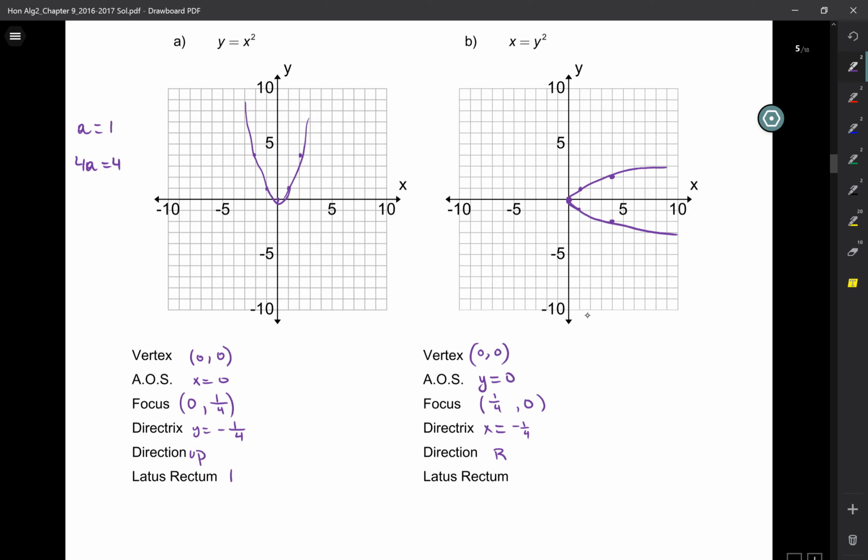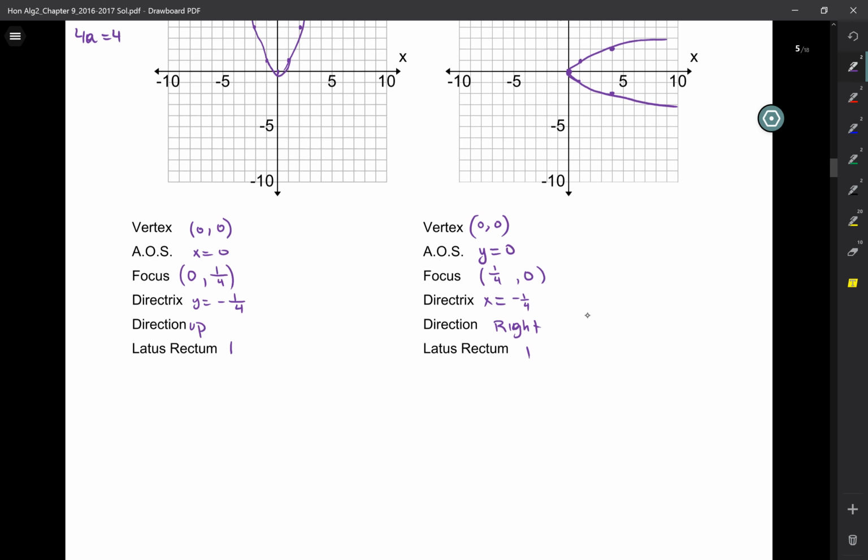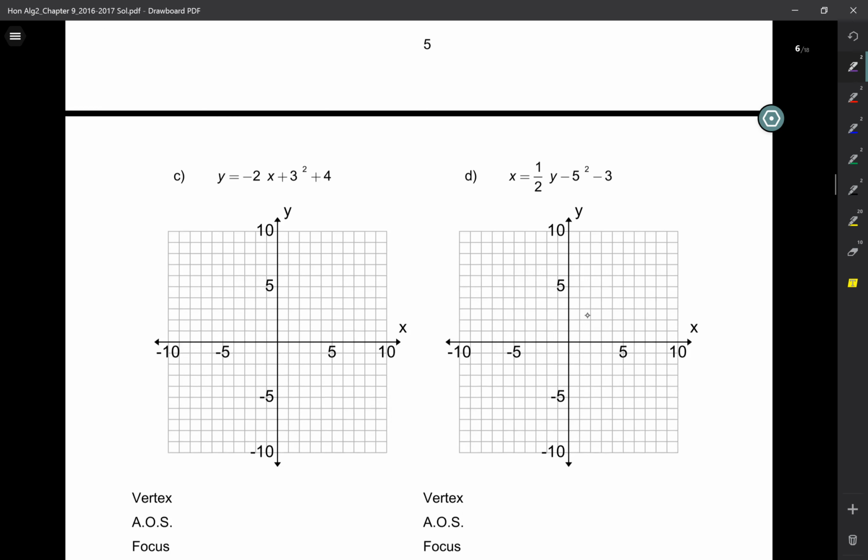The direction is to the right, and this is still 1. Okay. Let's just go over to the other one.